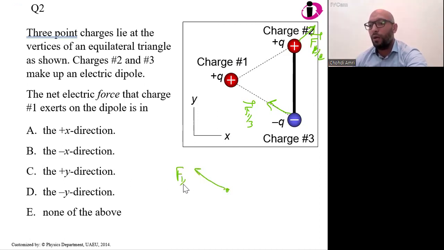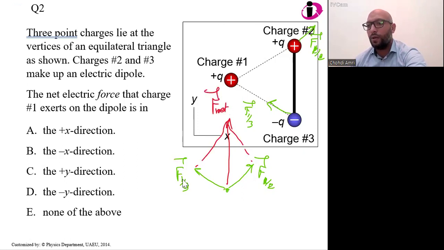This is F1 on 3, and this is F1 on 2. The sum of these two forces, F net, is along the positive y-axis. Okay, good. So the correct answer is the positive y-axis.